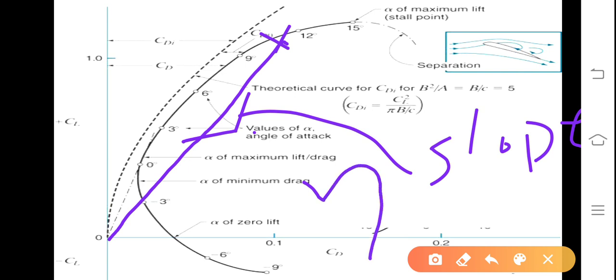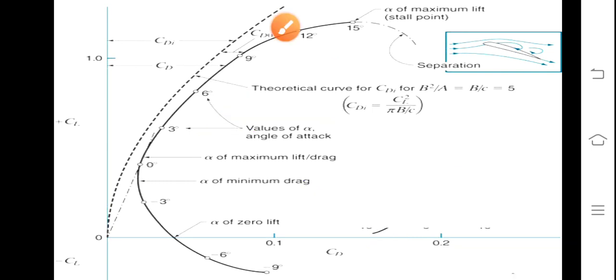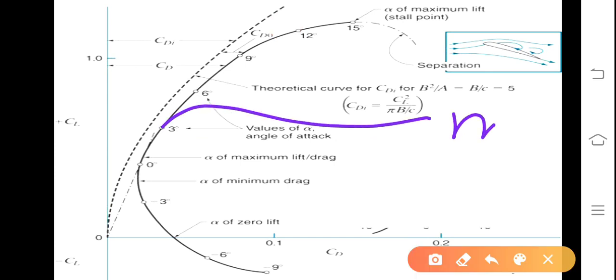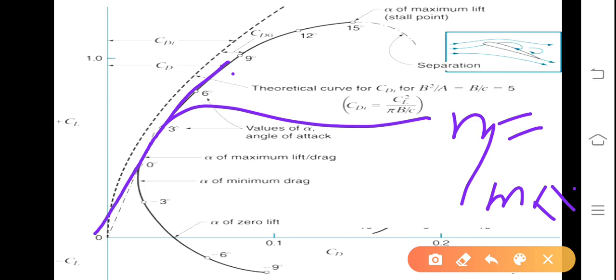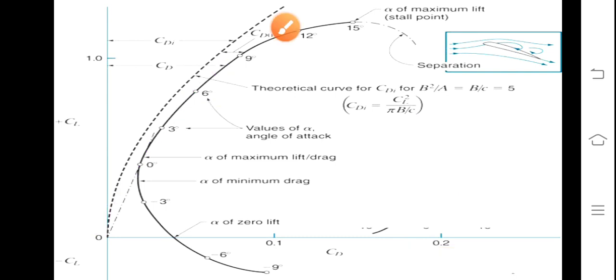Suppose I call that point A, then the efficiency at A will be equal to the slope of the line joining the point and the origin. Whereas the maximum efficiency is equal to the slope of the tangent line joining the origin. Is it clear? So this is the major use of that.